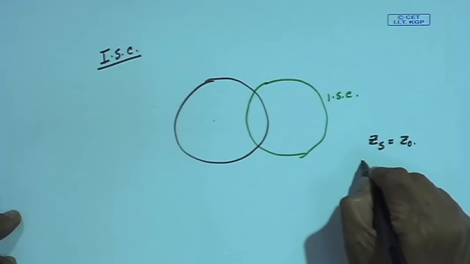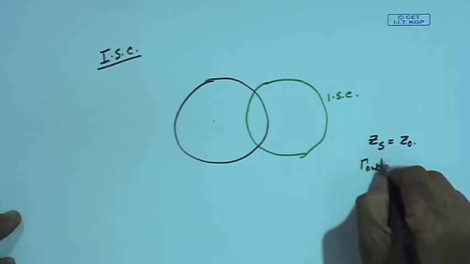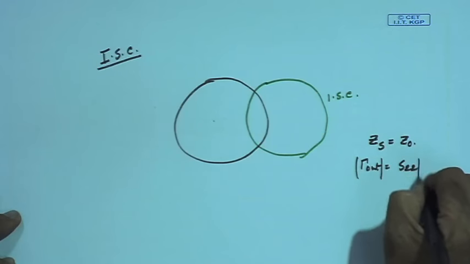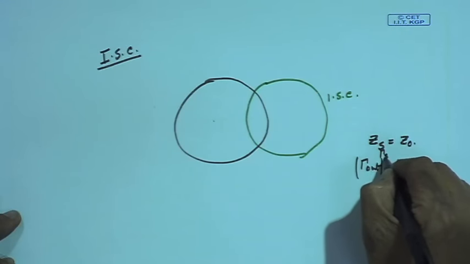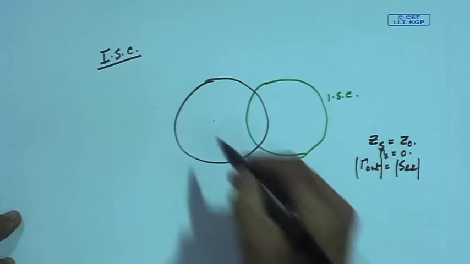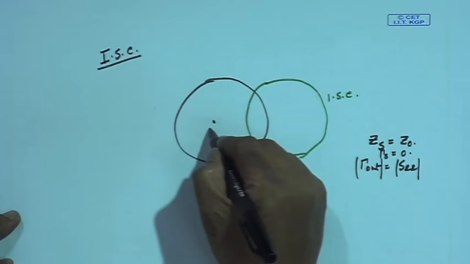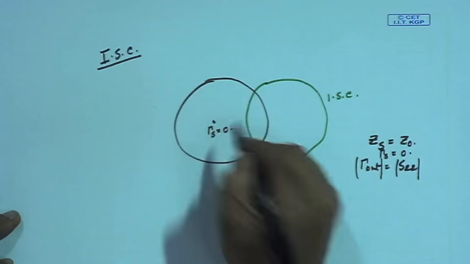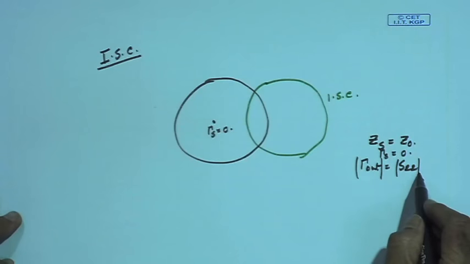So, I get gamma out equal to the S22 magnitude, and gamma S equal to 0. Now, this is my gamma S equal to 0 point, and this is S22.